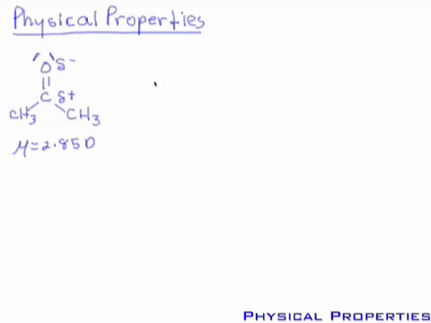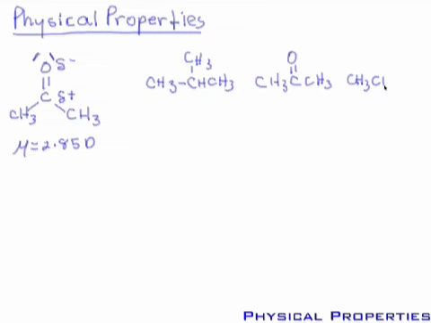So if I was to create a trend and compare several structurally similar molecules, such as isobutane, acetone, and isopropyl alcohol, I would see a trend in boiling points, such as minus 12 degrees Celsius for isobutane, 56 degrees Celsius for acetone, and 82.5 degrees Celsius for isopropyl alcohol.